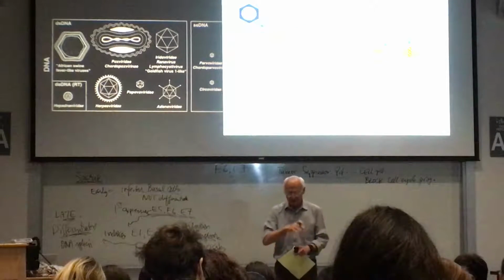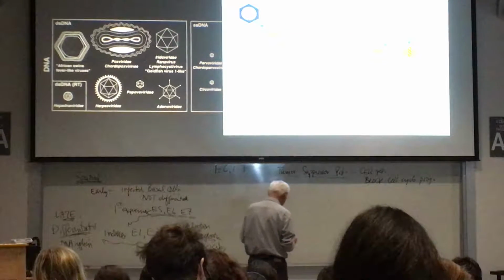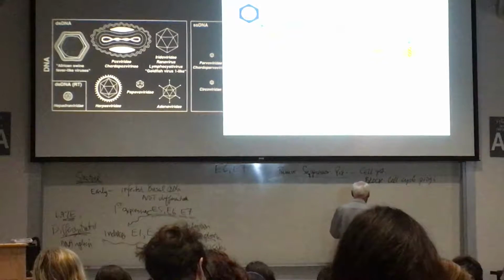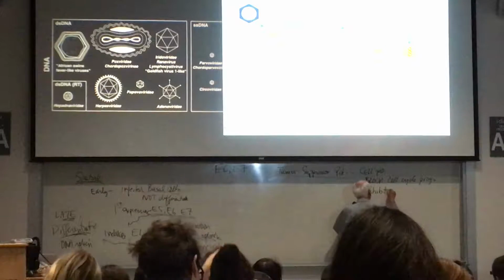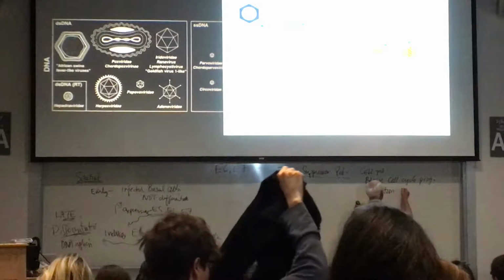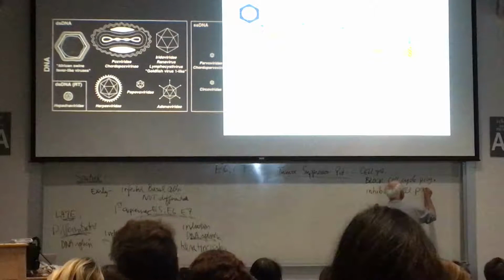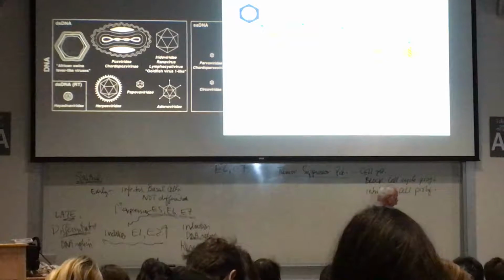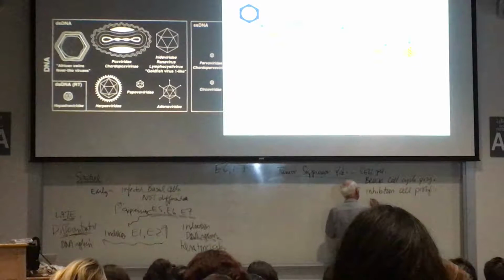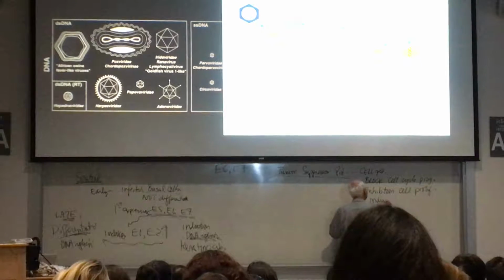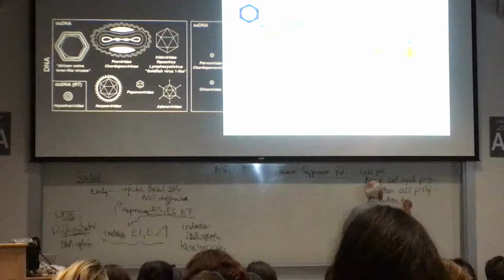They put the brakes on the progression of the cells through the cell cycle, and as a consequence, when they're functioning, you have an inhibition of cell proliferation, so you get fewer cells dividing, and you can have an induction of apoptosis.